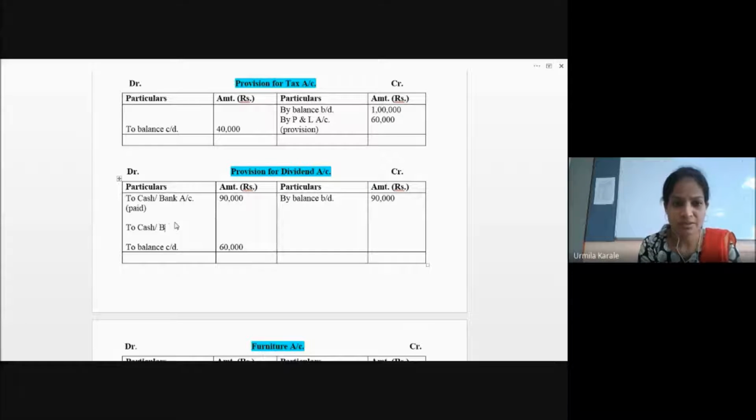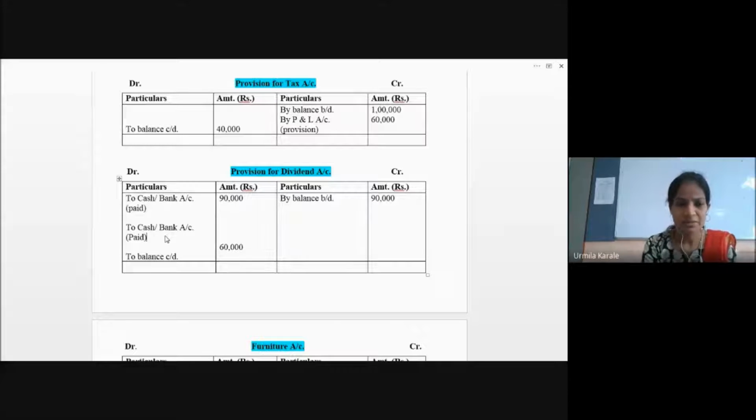So cash or bank account will get credited because you are making payment, and this account will get debited. Expense for you is dividend account, debit to cash and bank. So this is dividend paid. This is again dividend paid, 10% on the opening balance. So this is 30,000. There's no adjustment for this, so we are going to end with this account.